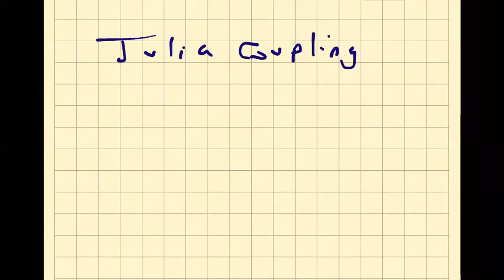The Julia coupling uses a different type of ylide. It uses a sulfone ylide, and this is a highly trans-selective reaction.